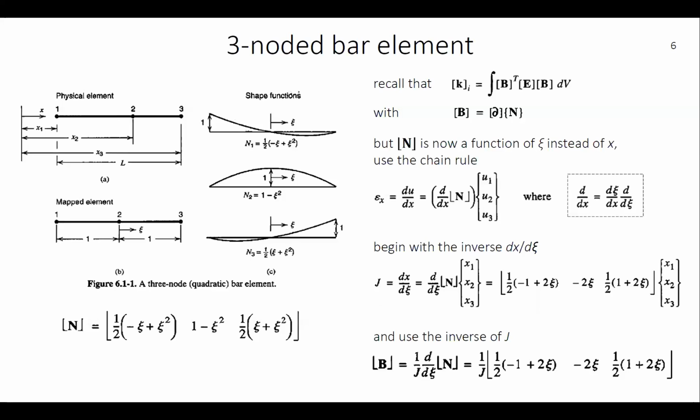But we cannot really do that directly because the shape function is instead a function of the mapped coordinates c. So we can describe this as the derivative d/dx of N times these displacements, where d/dx is a derivative which involves both x and c.